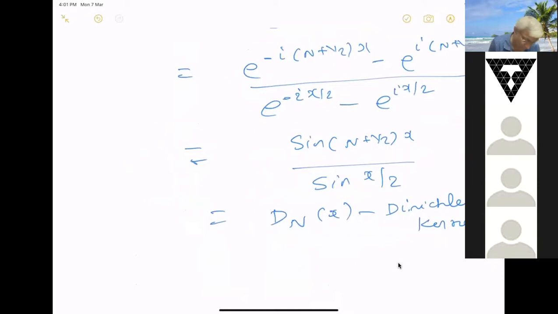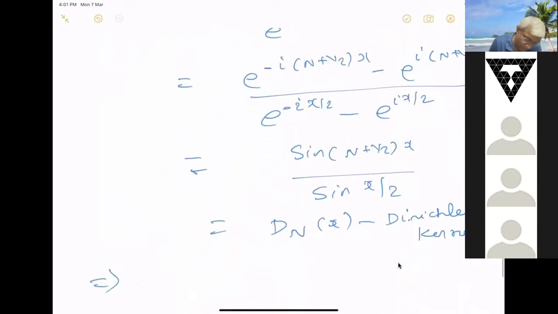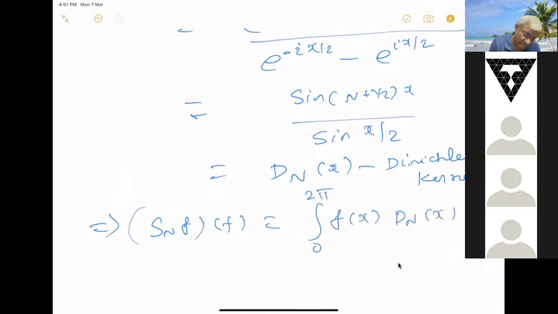Okay, so these things imply that the partial sum SnF at t equals integral 0 to 2 pi f of x into Dn x dx, where Dn x is this.